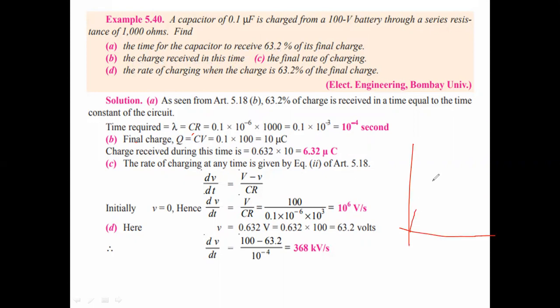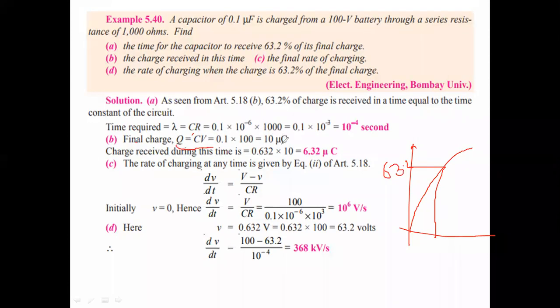This is the charging capacitor voltage. Assume that this is 63.2% of the maximum value. At this point, what is the charge value? Before finding this value, we have to find the total charge of this circuit, that is nothing but C into V. C is the given 0.1 and applied voltage is 100.